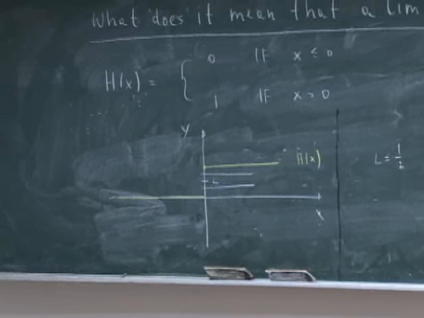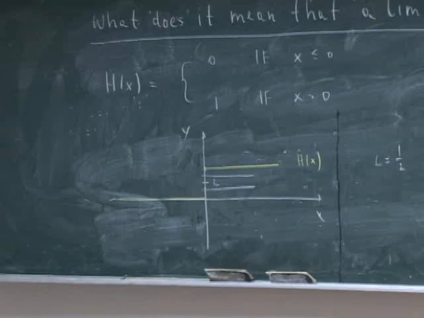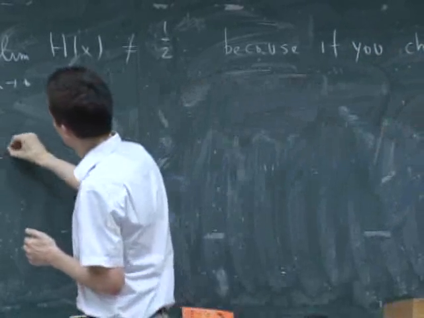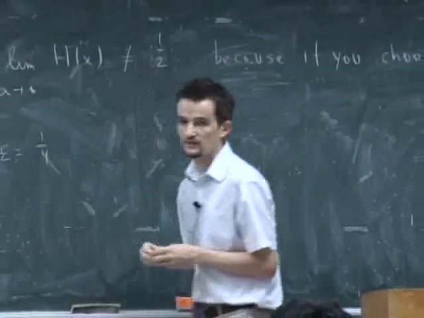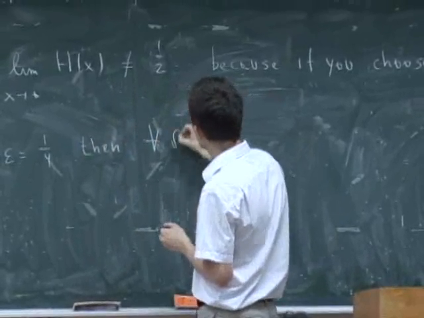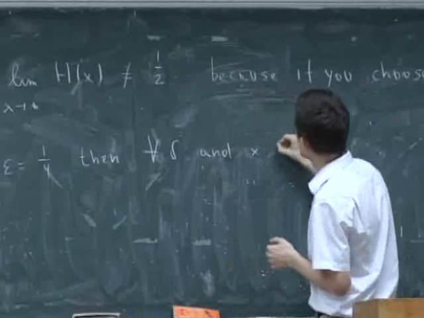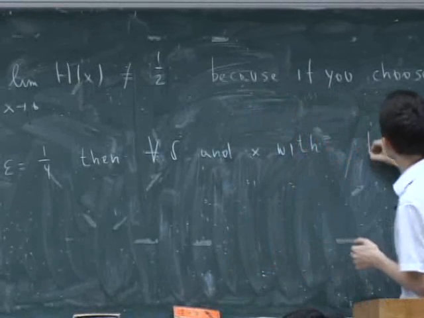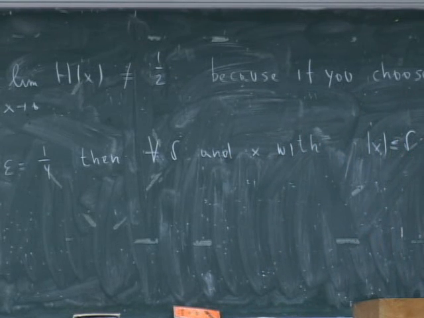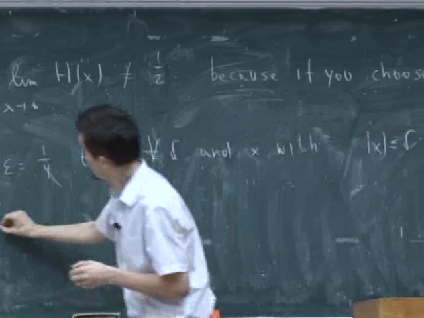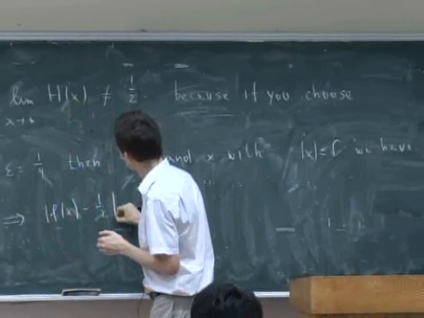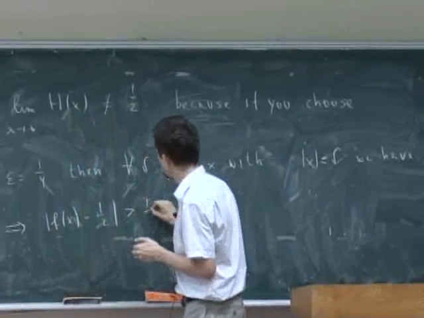So this does not hold because if you choose epsilon to be equal to 1 over 4, then for all delta and x with the distance between x and 0 smaller or equal than delta, we have that the distance between f of x and 1/2 will be larger than 1 over 4.